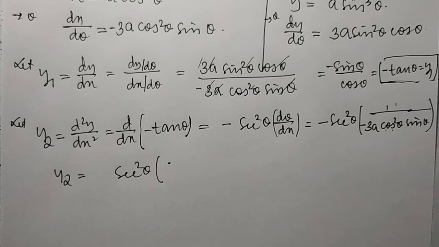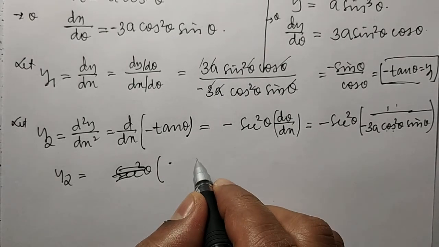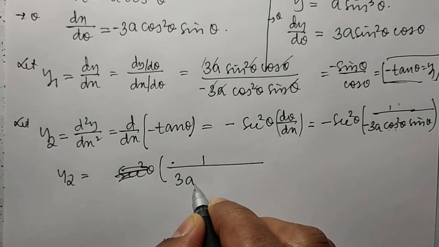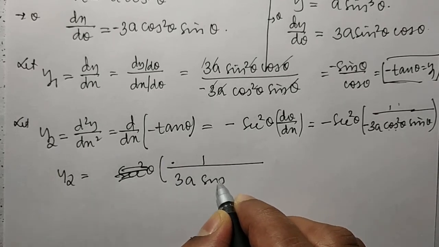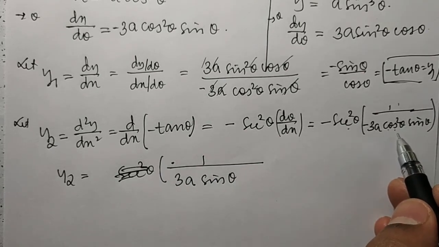I'll take this sec as cos and bring it down. Then it is 1 divided by 3a sine theta. When it is taken down, sec square is 1 by cos square.